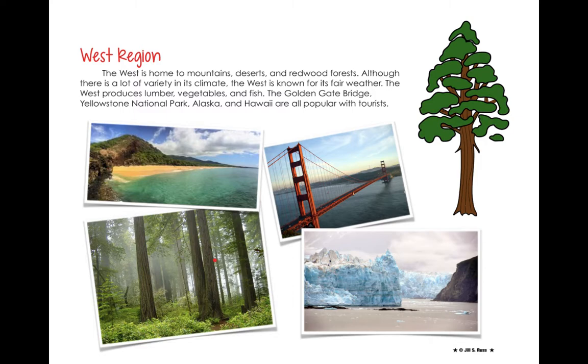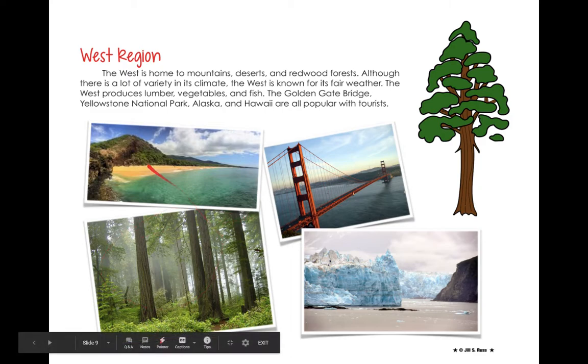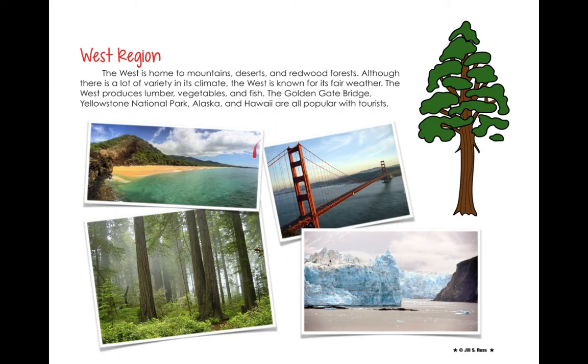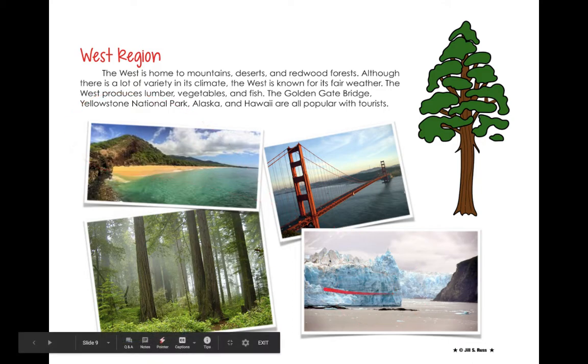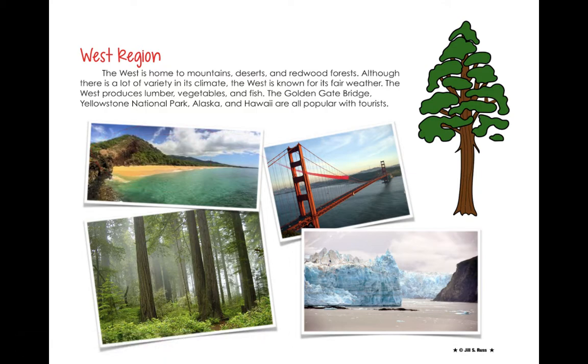The West is home to mountains, deserts, and redwood forests, and although there is a lot of variety in the climate, the West is known for its fair weather. The West produces lumber, vegetables, and fish, and much of the fruit that we eat. The Golden Gate Bridge and Yellowstone National Park, Alaska, and Hawaii are all popular with tourists. And that's the Western region.